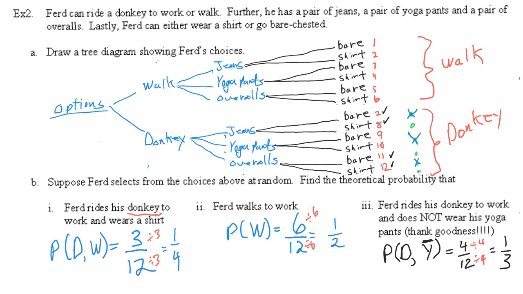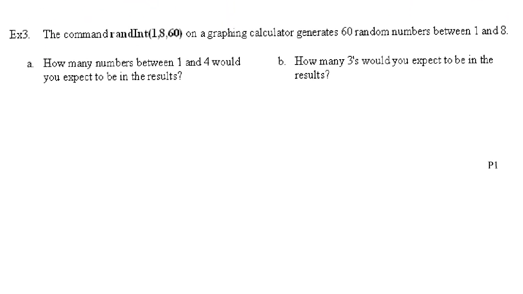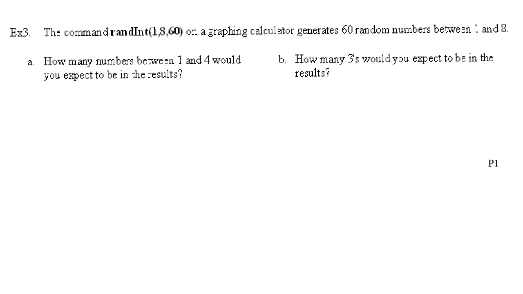All right, so now let's move on to our next topic. All right, so the command on the calculator, randInt(1, 8, 60) on a graphic calculator generates 60 random numbers between 1 and 8. So now you got to ask yourself, how many numbers between 1 and 4 would you expect to happen?